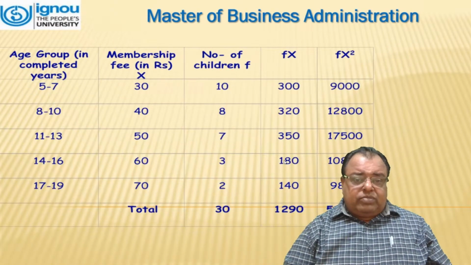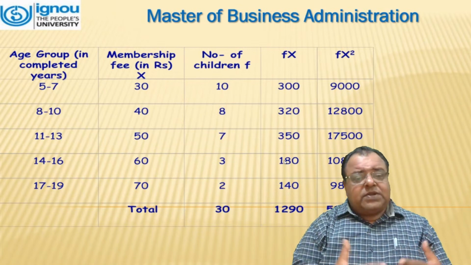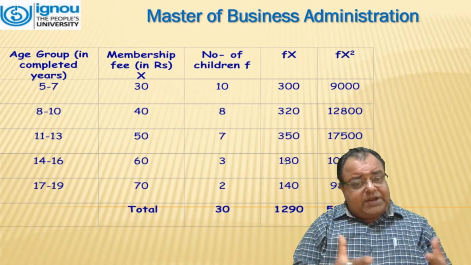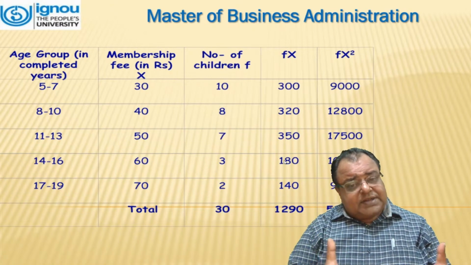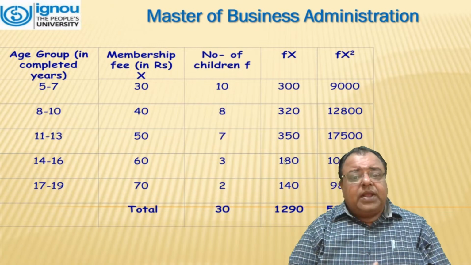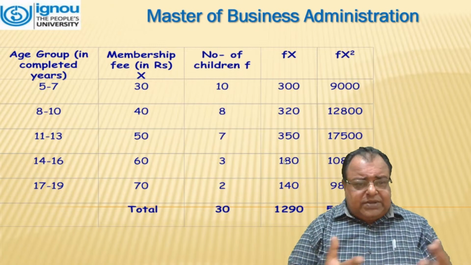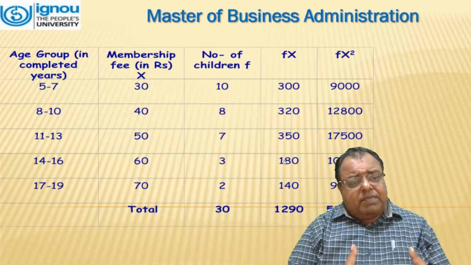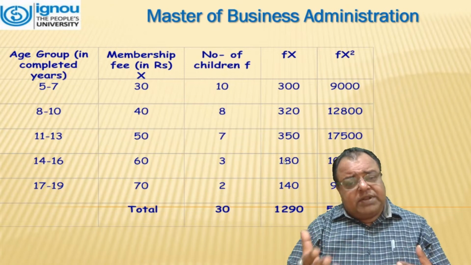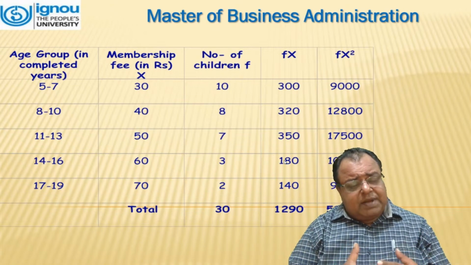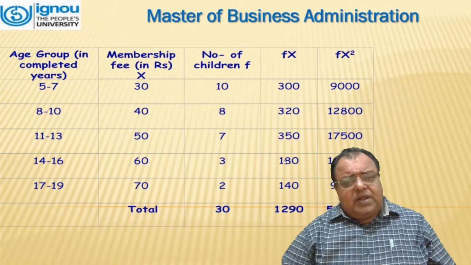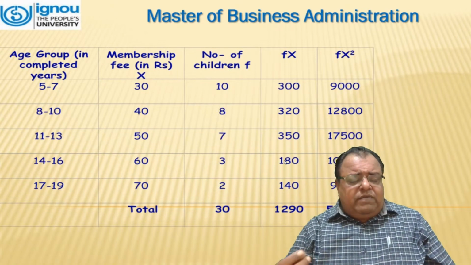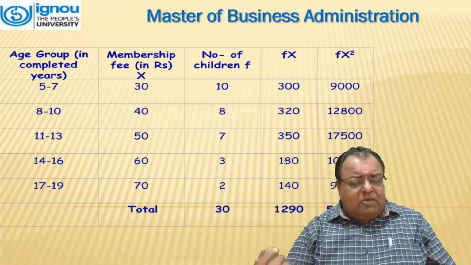Now, for our calculation purpose, we will be considering membership fee as x. Since the numbers are small, we won't be using a deviation formula for that.